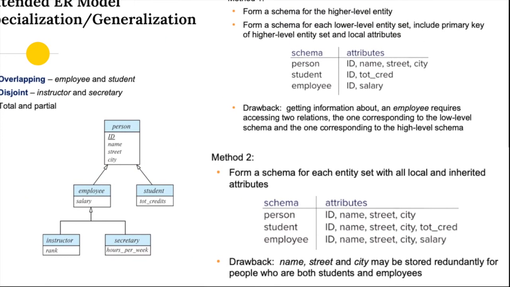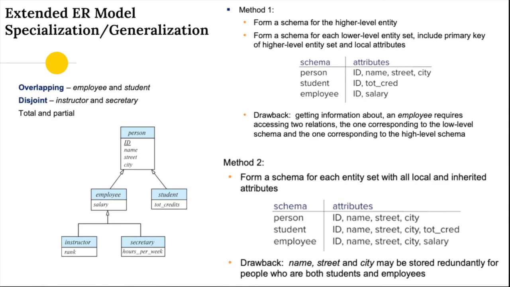The drawback for method number 2 is you're storing redundant information for the three tables. So what we need to do here is to make sure that whenever we update the person name, the student and the employee name for the same ID ay dapat updated din to remove inconsistencies.